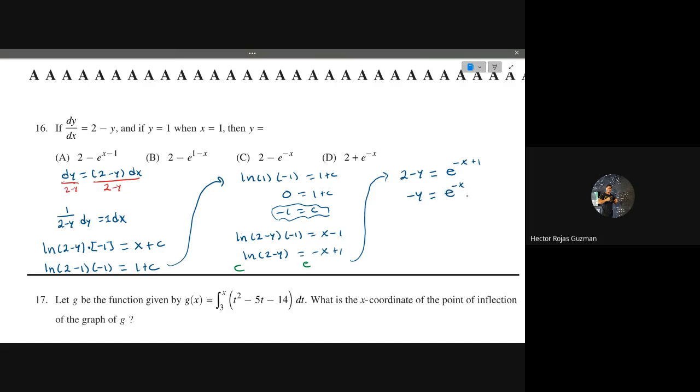And I'm also going to go ahead and... no, you know what? Let's keep it, because I think I see the answer. Negative x plus 1 minus 2. And finally, multiply by a negative: y equals negative e to the power of negative x plus 1, plus 2. And the answer here is B.